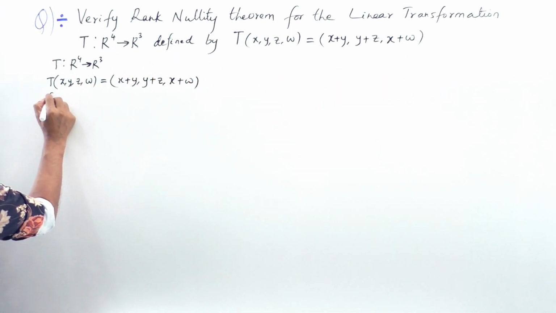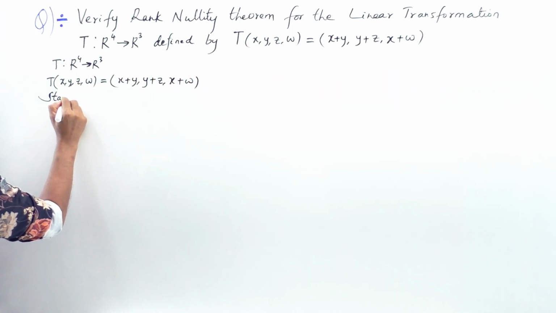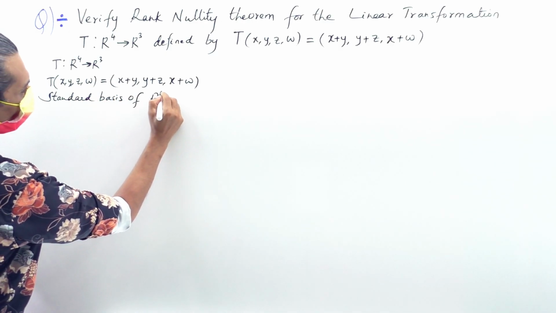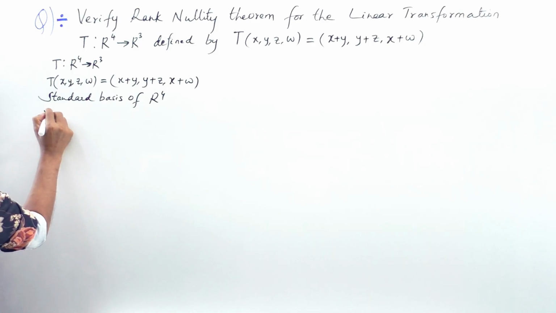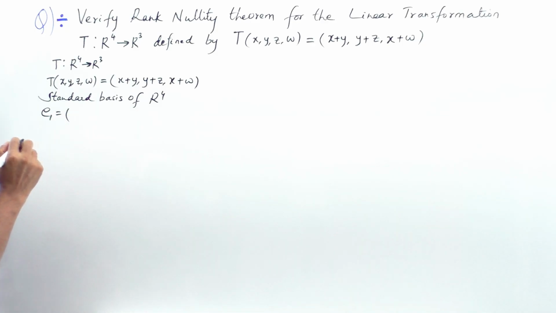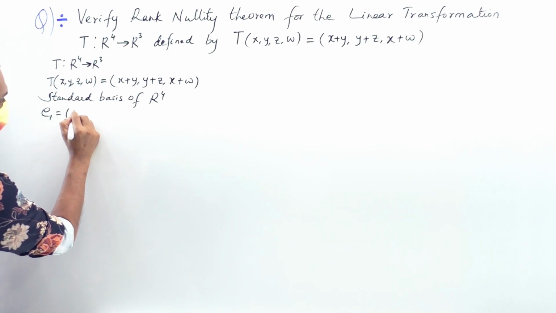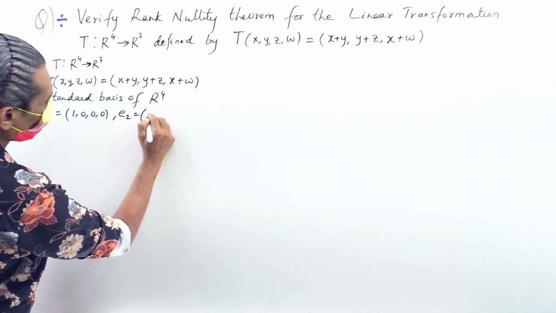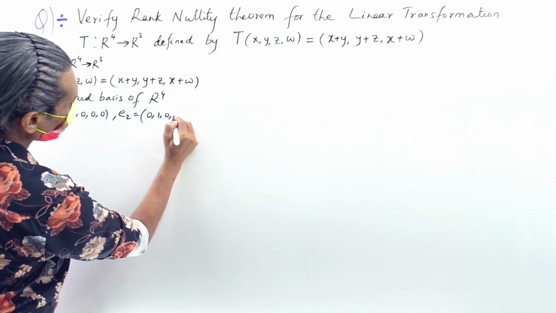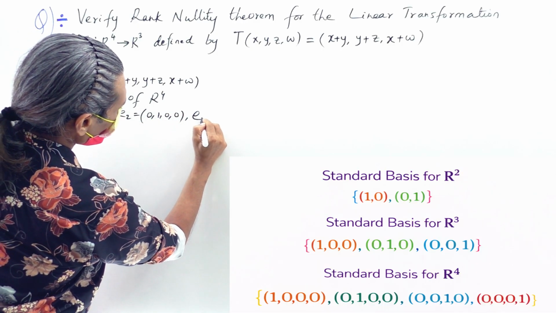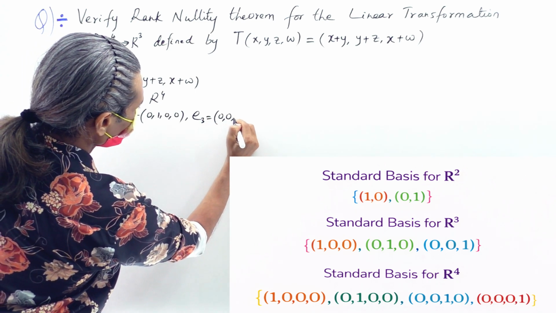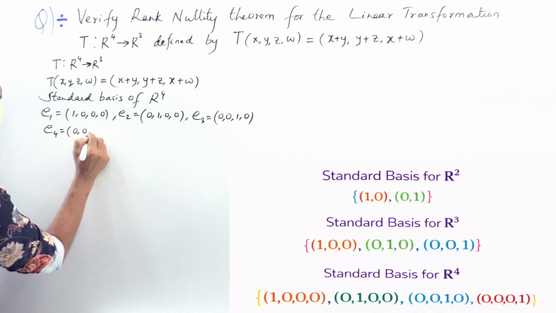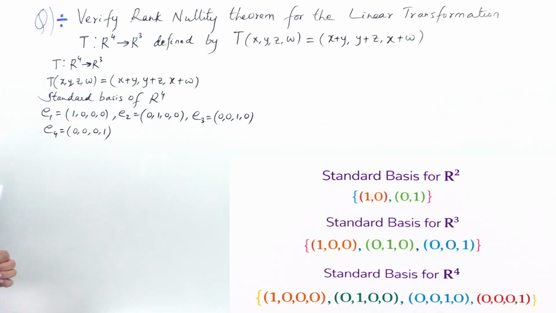Similarly, the standard basis of R^4 will be E1 = (1, 0, 0, 0), E2 = (0, 1, 0, 0), E3 = (0, 0, 1, 0), and finally E4 = (0, 0, 0, 1). These are the standard basis.